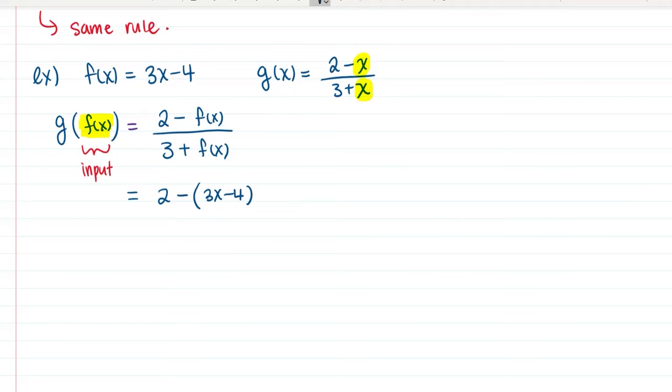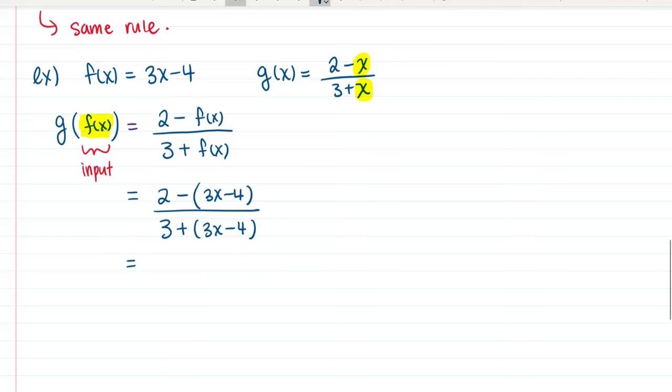The reason we are putting the bracket around the 3x minus 4 is you have to distribute the negative or the subtraction sign inside the bracket to simplify in the next steps. And then 3 plus 3x minus 4. For the addition sign in the denominator, we don't need to put the brackets, but I'm just using the bracket to make it more clear that we're replacing the f of x with the 3x minus 4.